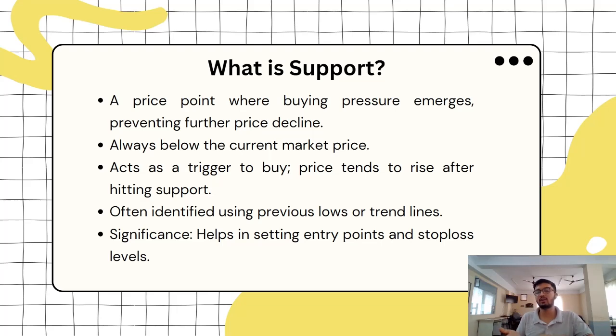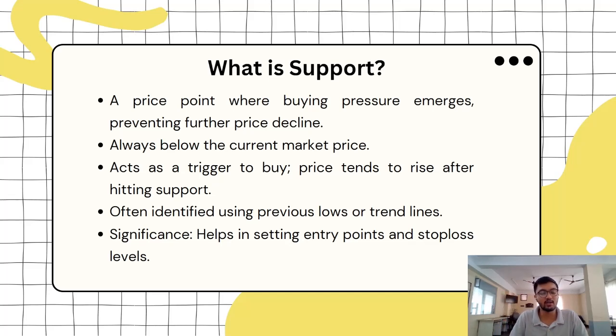There are enough people convincing the market that this is the price of this company, and they won't let this stock go any lower. At every support, you have to make a buy trade. At every resistance, you have to make a sell trade.